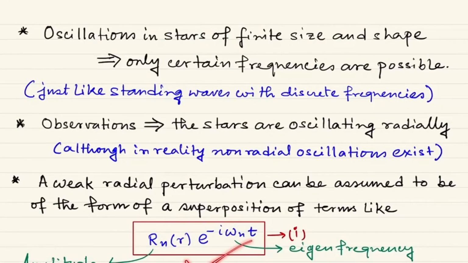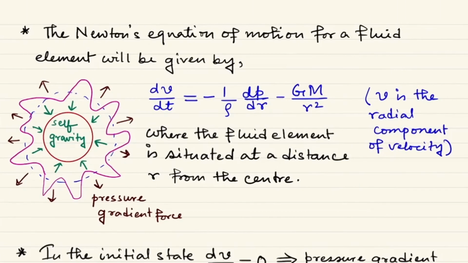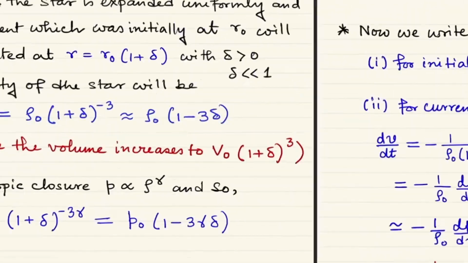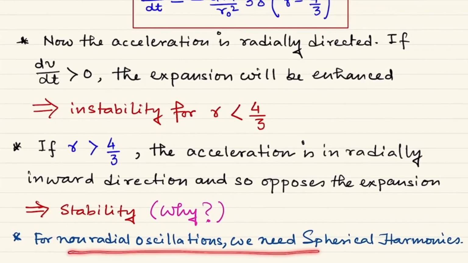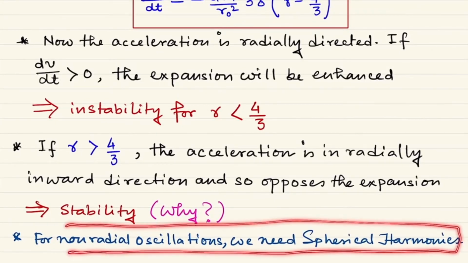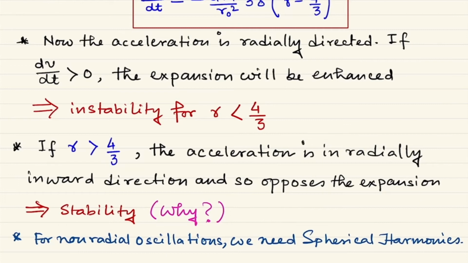Then here you will also have something called Y_lm. There will be two other indices, which will be functions of theta and phi, and they are known as spherical harmonics. In case you don't know, search for what they are. So in case of non-radial oscillations, we have to use the spherical harmonics, and we have to perform a formal analysis process.